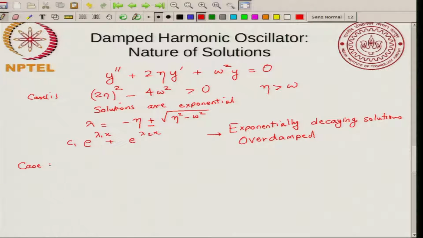In case 2 you have eta less than omega, and now you have an exponential multiplied by an exponential of an imaginary number, so exponential multiplied by oscillating. In this case you have both oscillations and exponential functions, and you say that the solution is under damped.